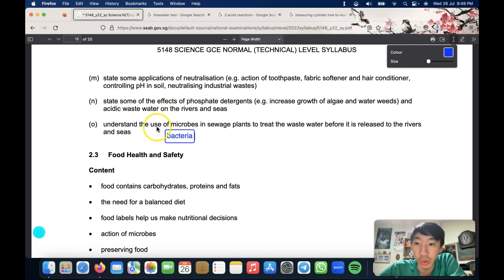Why do we need to use microbes to treat wastewater before it is released to the river? Like I said, microbes can reduce contamination, and this is why you can use them to treat wastewater before it is released to the river and sea.